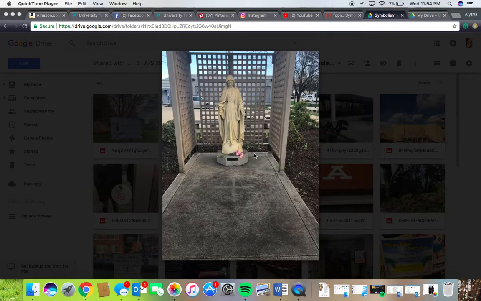There were flowers at her feet, and it made me wonder if someone might have prayed to Mary and then offered the roses and put them by her feet. A lot of people might not have known that, but I happen to be Catholic or Christian, so I knew most statues that look like this depict Mary in this way.